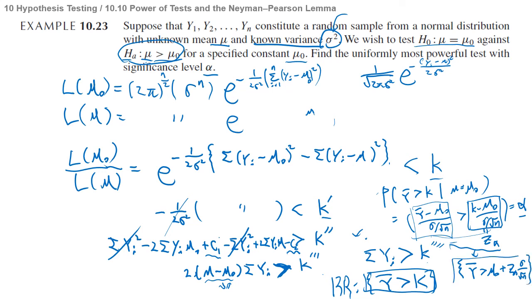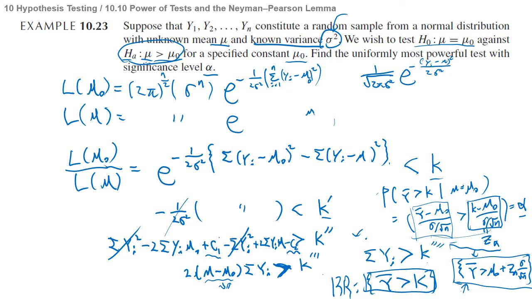So this would be the rejection region with significance level alpha. Actually this rejection region is the same as the one that we derived in section 10.3.